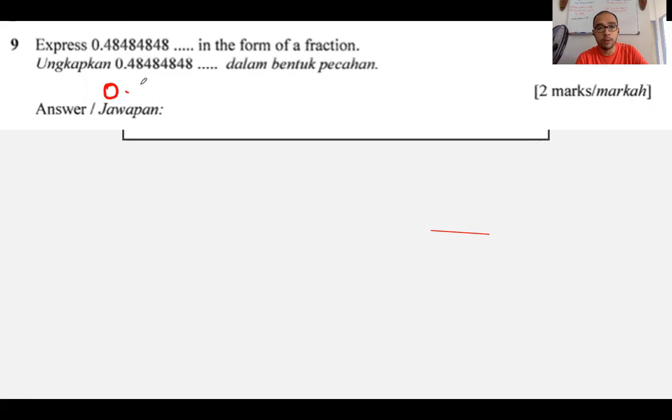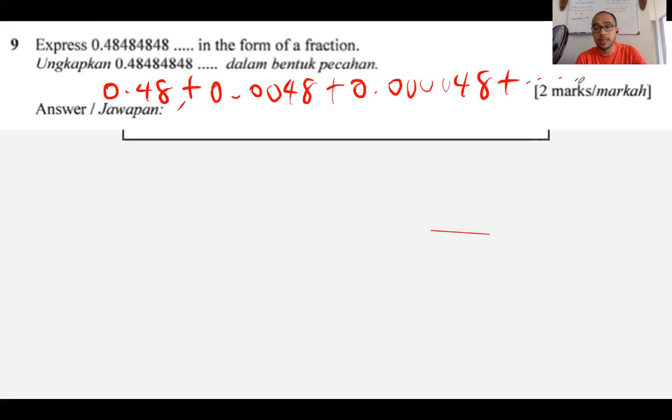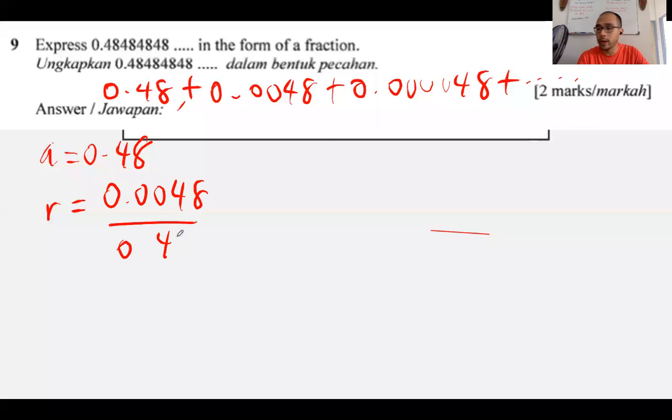So this will be 0.48 plus 0.0048 plus 0.000048 dan seterusnya. This is a geometric progression di mana A-nya adalah 0.48, dia punya R adalah 0.0048 divided by 0.48. Okay, which will give you 0.01.